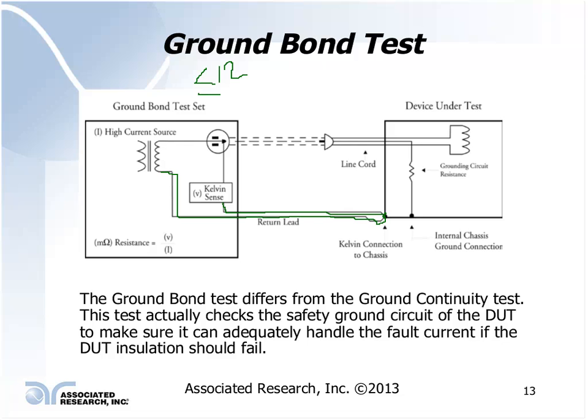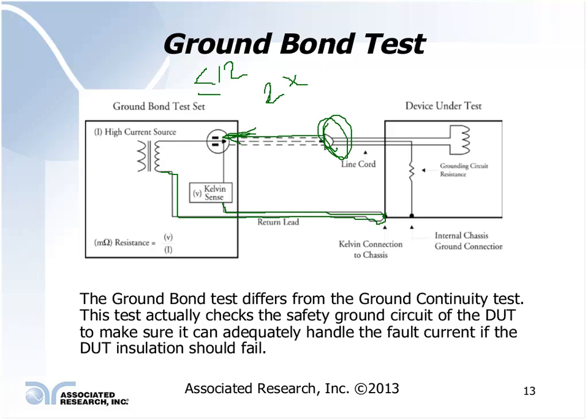And how much current is applied? Many standards basically state 2 times the current capacity of the attachment plug, okay? So if this plug can be plugged into a 20 amp receptacle, it's 2 times the 20 amps, or a 40 amp test.